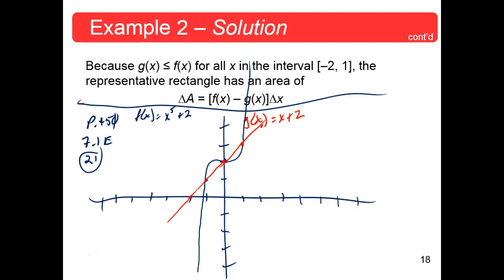Now, my drawing kind of stinks, but I hope you know that this one is symmetric about this point, and this one's symmetric about that point. So they didn't give an interval on here. They said sketch the region bounded by the graphs of the equations and find the area of the region.